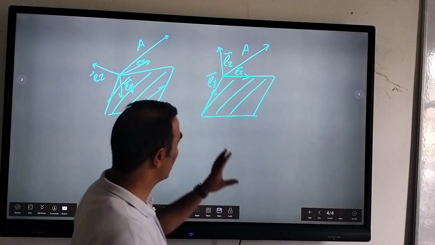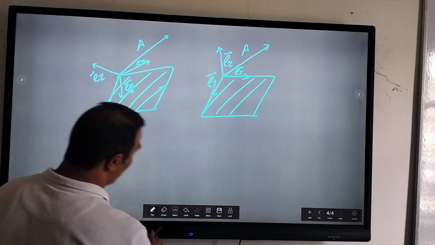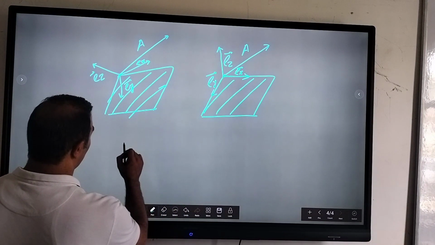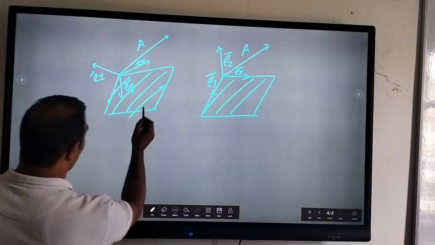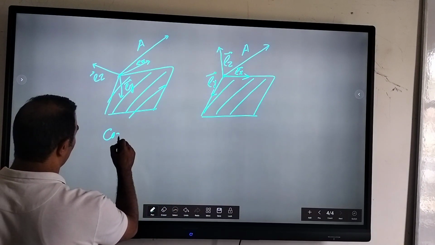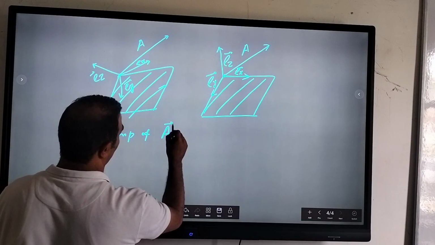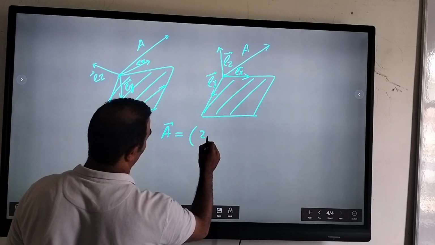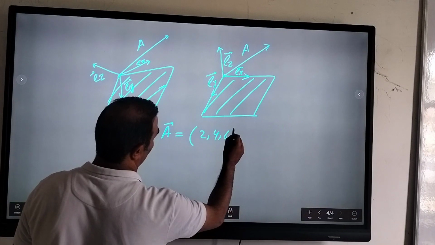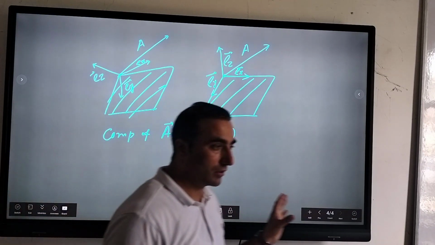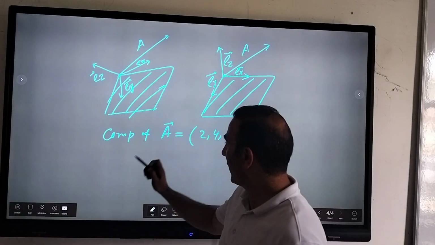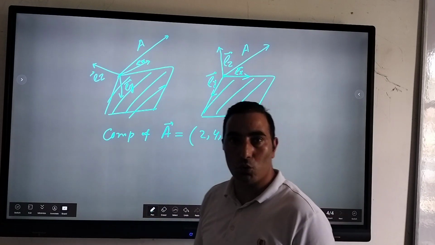I will give an example. Suppose I have some vector, and the components of that vector A are 2, 4 and 6.